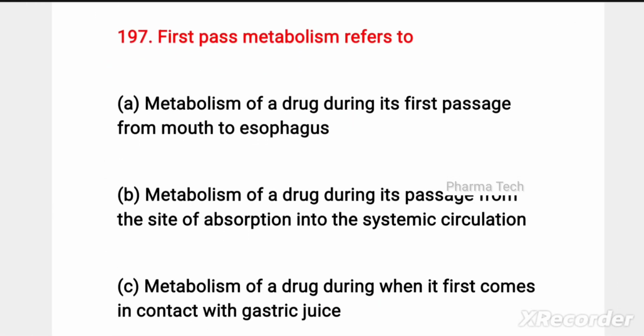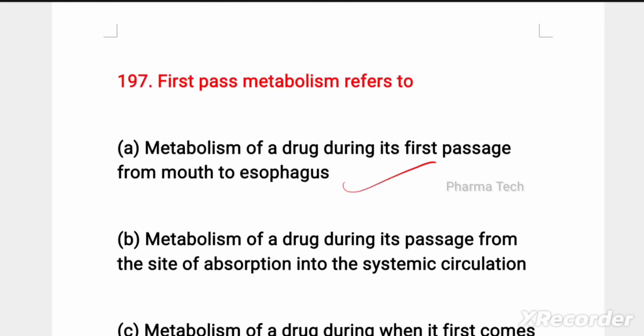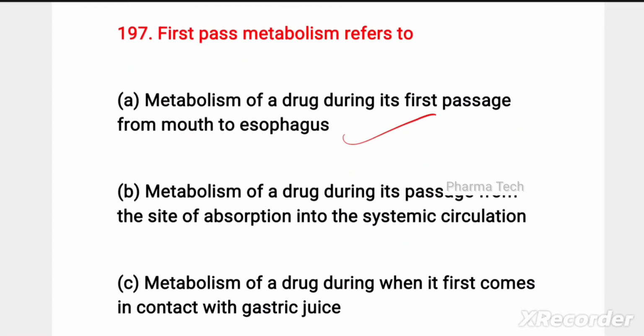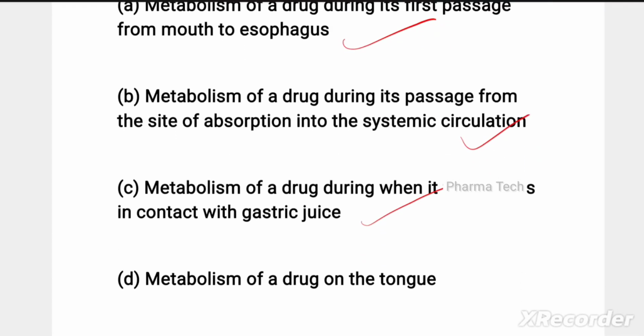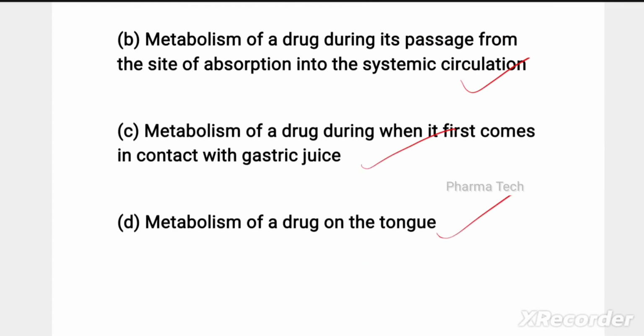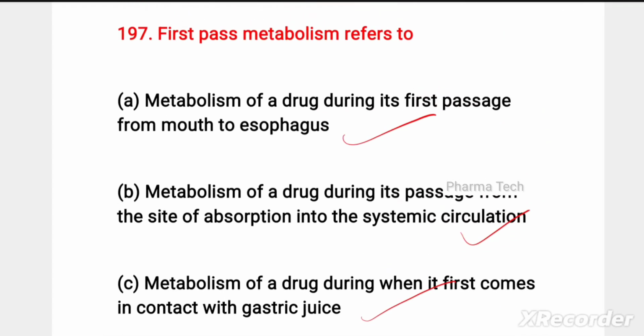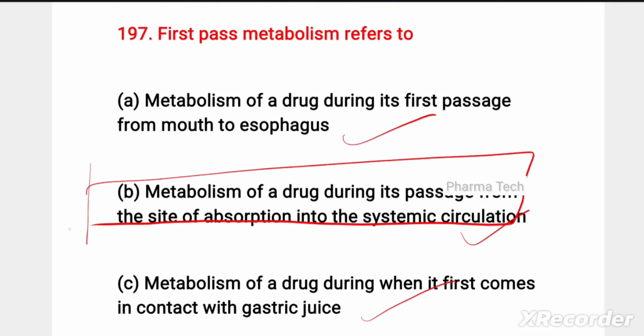Options are metabolism of a drug during its fast passage from mouth to esophagus, metabolism of a drug during its passage from the site of absorption into the systemic circulation, metabolism of a drug when it first comes in contact with gastric juice, metabolism of a drug on the tongue. Answer is B, metabolism of a drug during its passage from the site of absorption into the systemic circulation.